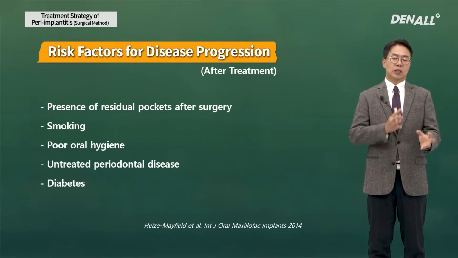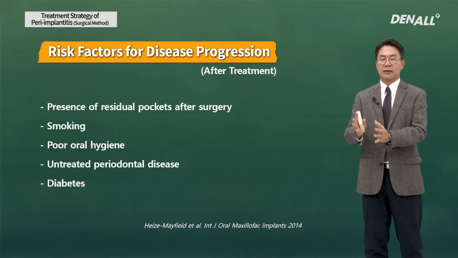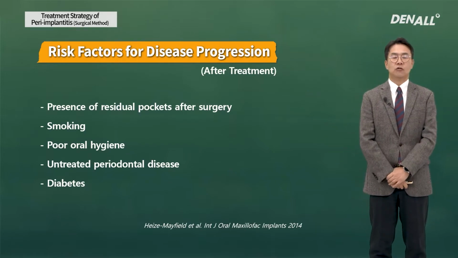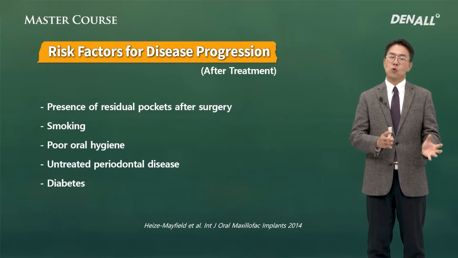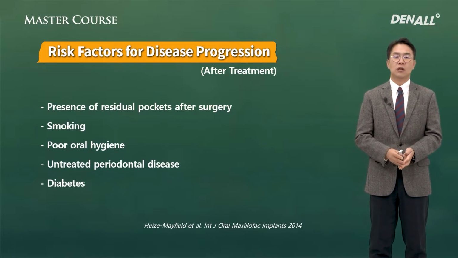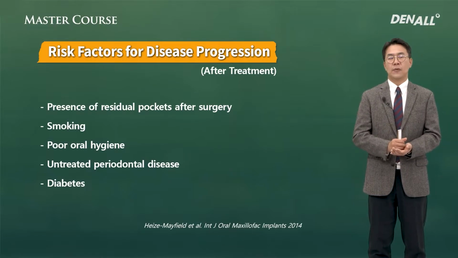So there are many factors that affect whether the disease is going to exacerbate even after treatment. The first is oral hygiene. Whether the oral hygiene is good or bad makes all the difference. I've talked about prevalence of peri-implantitis. Smokers are 2 times more prone to peri-implantitis compared to non-smokers.